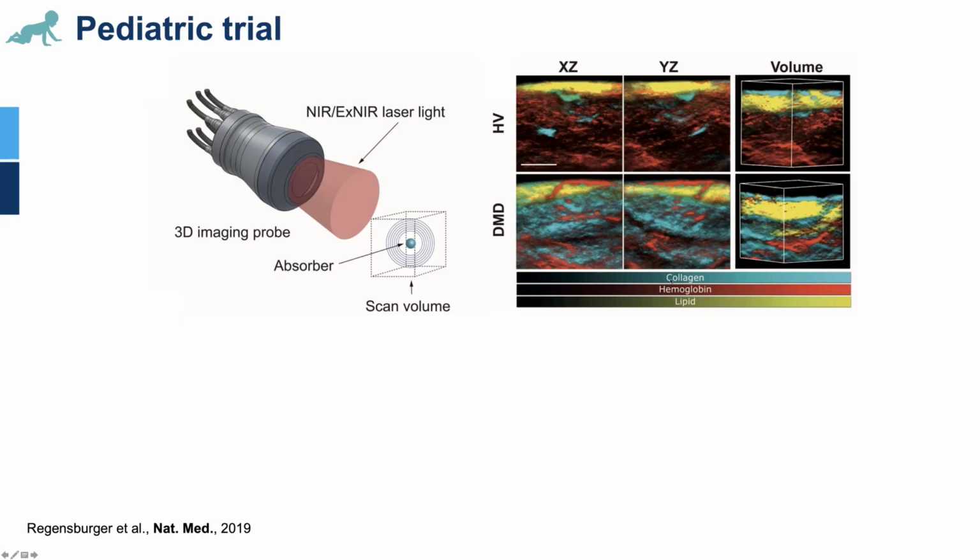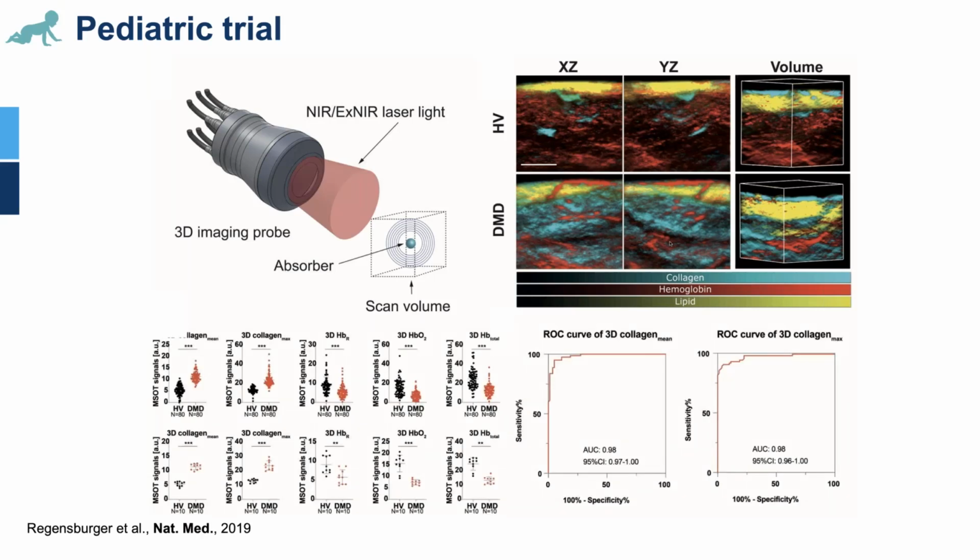And coded here in blue is the collagen, and in red is the hemoglobin or myoglobin signal. And you can really see here that there's a huge increase in the Duchenne patients. And if you quantify this, it's more or less similar results. You get really, really specific and sensitive results to detect patients with Duchenne muscular dystrophy.